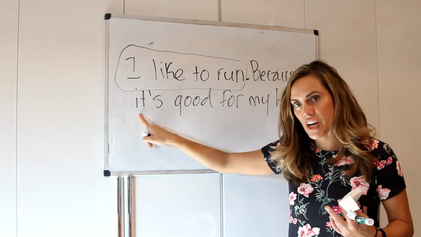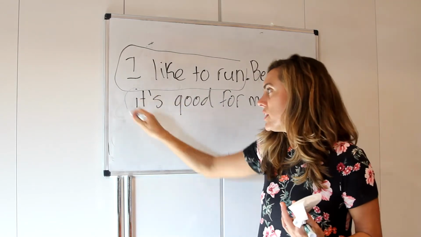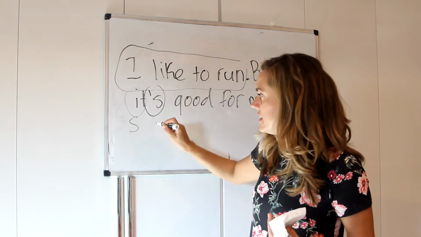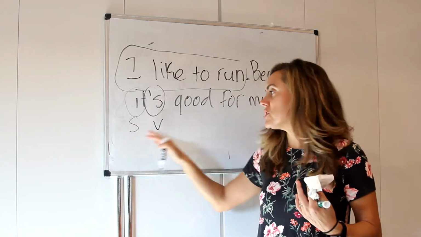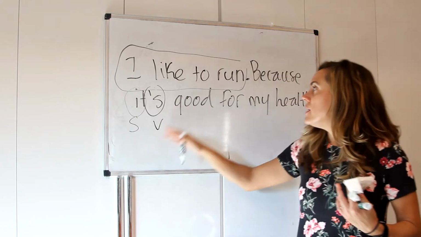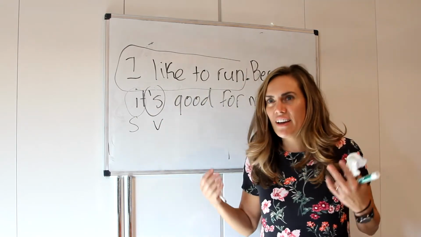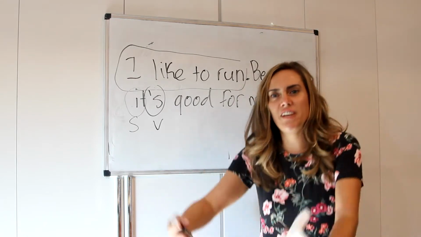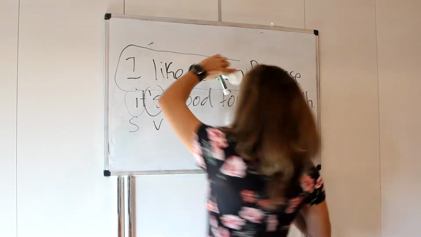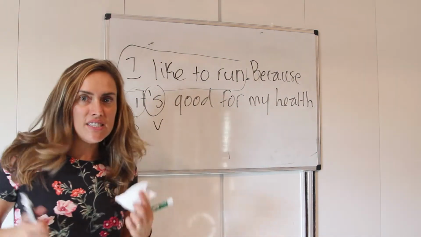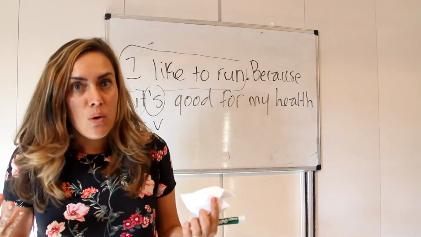We have a subject, it is who or what the sentence is about. Is the verb. So we do have a subject and we do have a verb. Because it's good for my health. We're missing a complete idea. It's not finished, it's not complete. If you separate this part and you just read this, because it's good for my health, what?